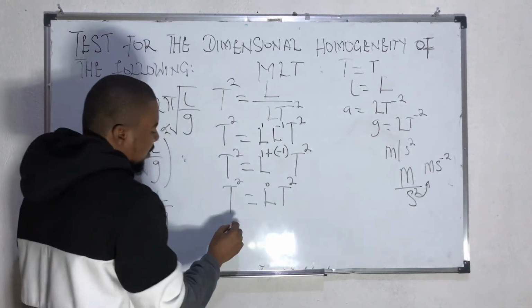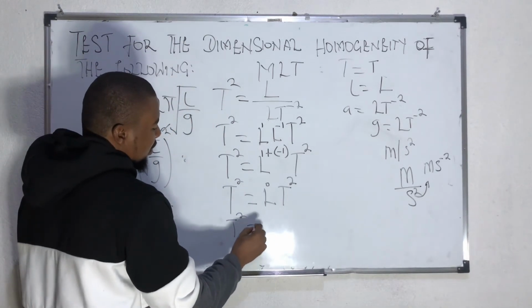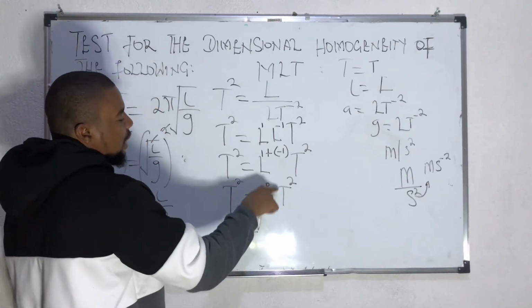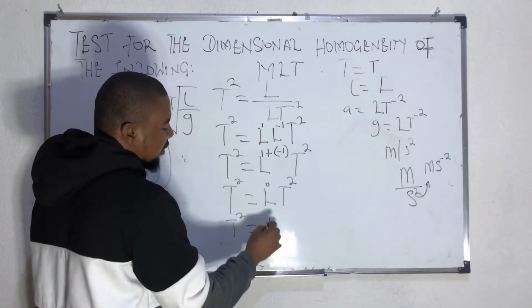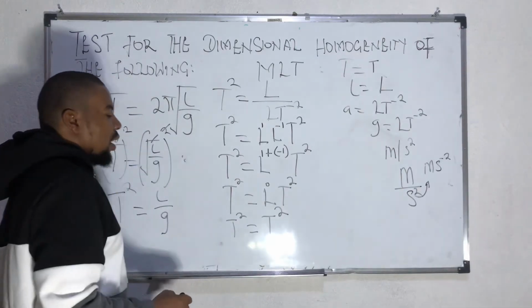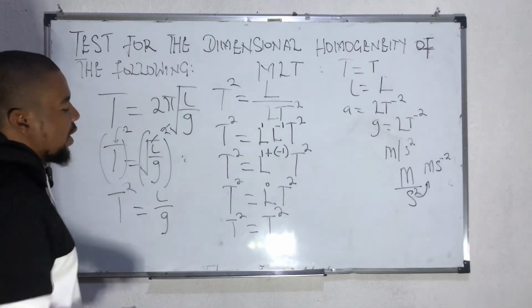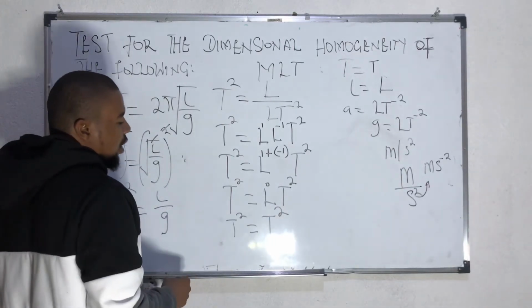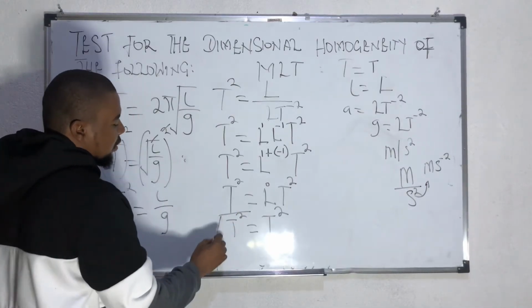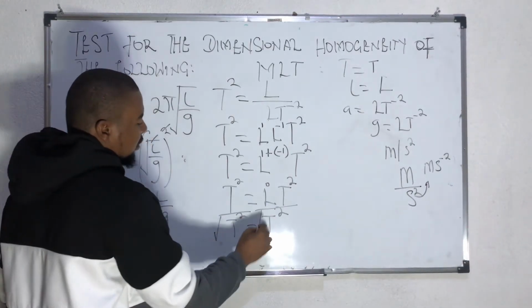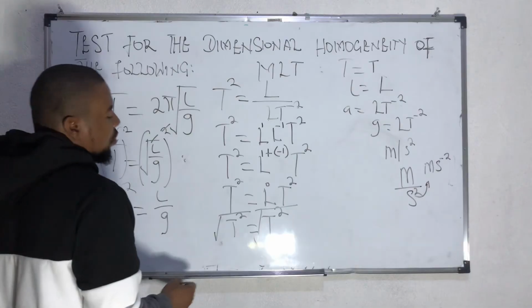Therefore, this is now going to be t squared equals 1 times t squared, which will also give us t squared. Next, to solve finally for t, or to remove this square, we simply square both sides of the physical relation.